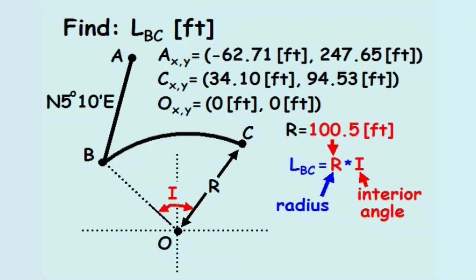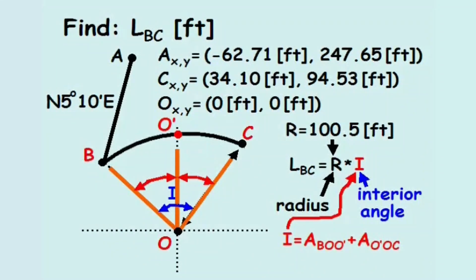In the figure, we'll define point O prime as the northward projection of point O onto arc BC. That way, we can equate interior angle I to angle BOO prime plus angle O prime OC, which we'll call angle I1 plus angle I2.